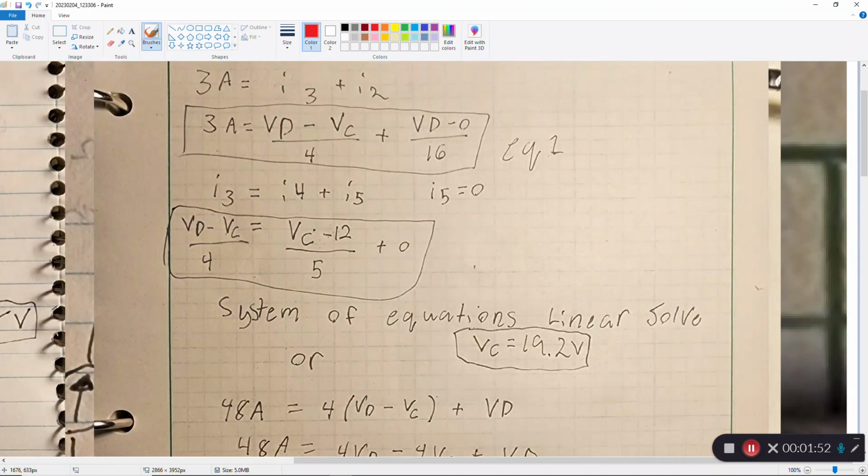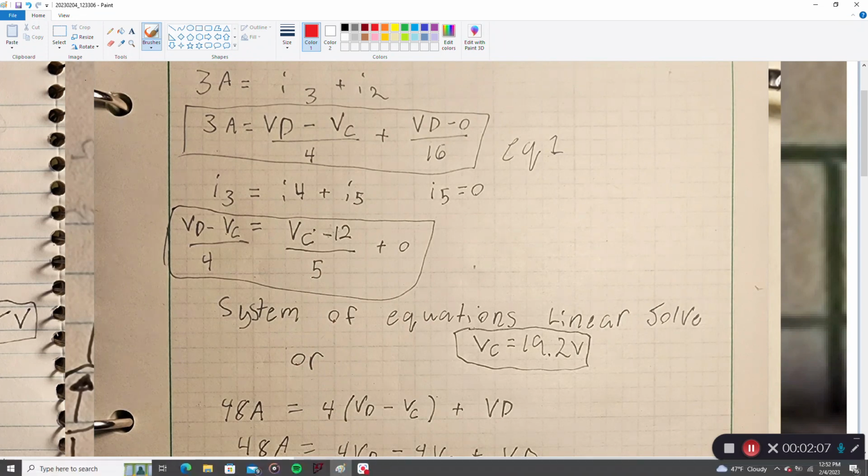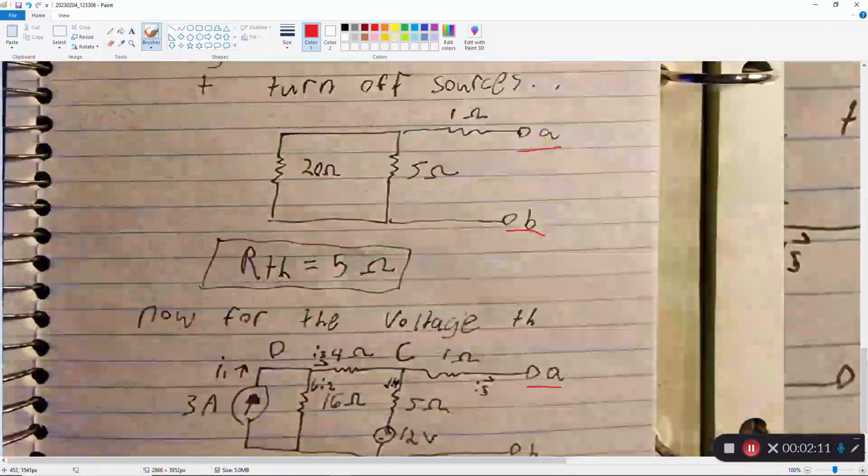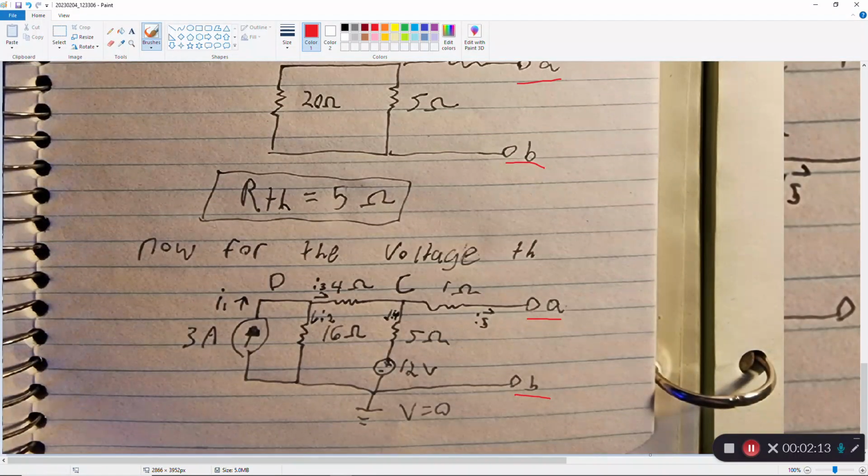I realized I probably am going to need 2, so I moved on to the next node, which is the node whose voltage is going to help represent our Thevenin voltage across the circuit. So I did I3 equals I4 plus I5. Can't see my mouse at all. I3, I4, I5.